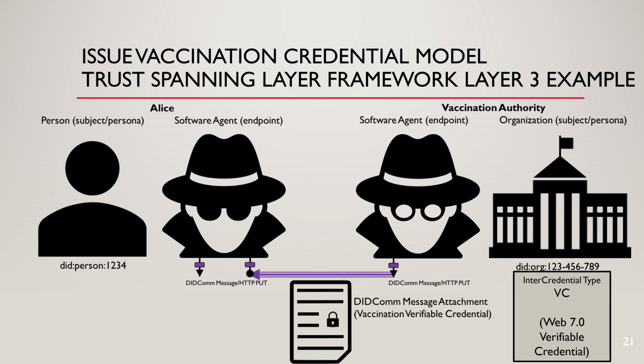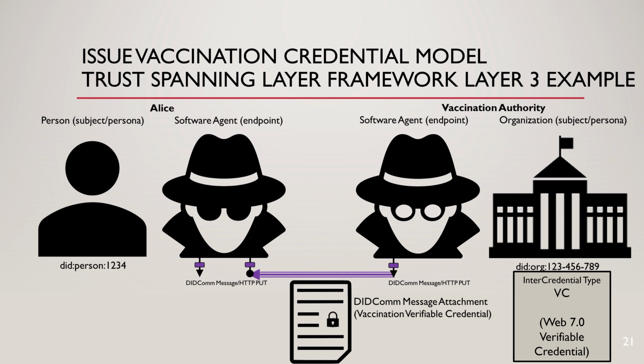Here's another example, issuing a vaccination credential. So we have the vaccination authority on the right, a health services organization or an HMO or some sort of government organization, issuing a vaccination credential represented as a verifiable credential, blood type VC, and that's received by Alice.